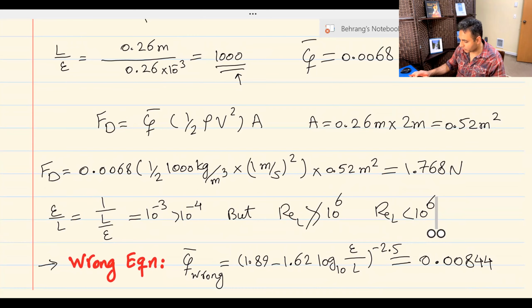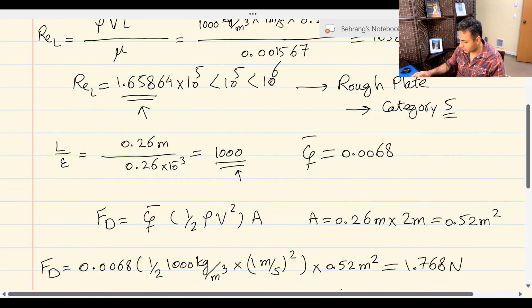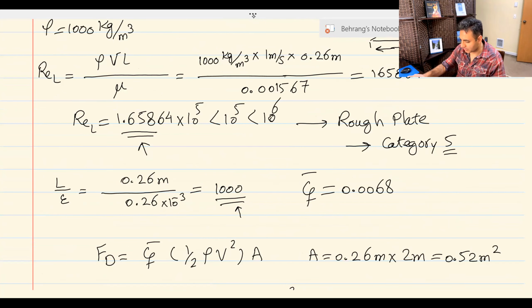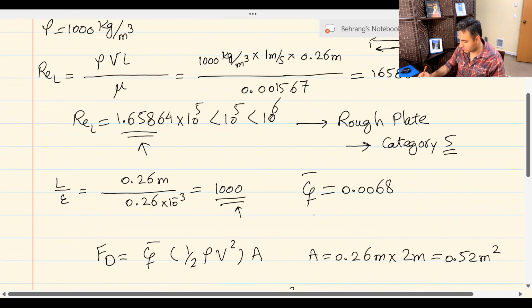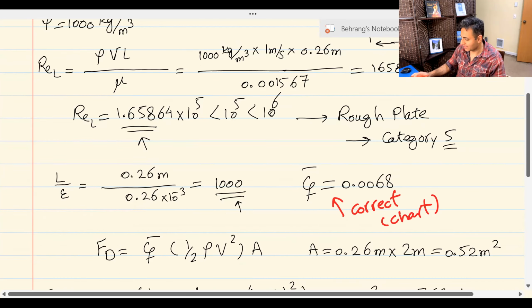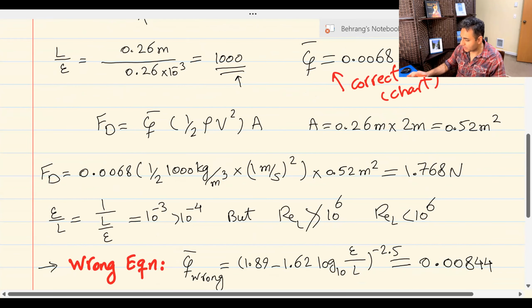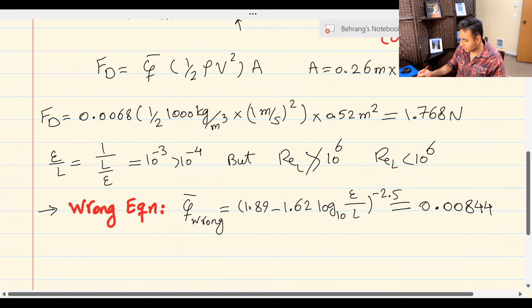Now, let's take a look at what the actual number is from the graph. The actual number from the graph happens to be this number. This is the correct value that we got from the chart, because it is category 5, 0.0068. And if by mistake you use that equation, you're going to find this incorrect value.